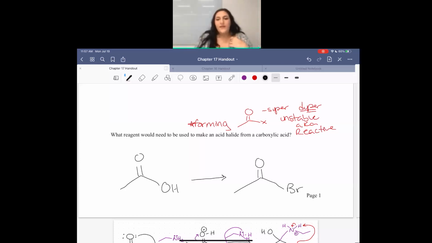So we have to find a set of reagents that can turn OH into a BR. Do we happen to know such a reagent? Well, we're turning it into a halogen. So what reagent have we seen this semester that turns OH into a halogen?